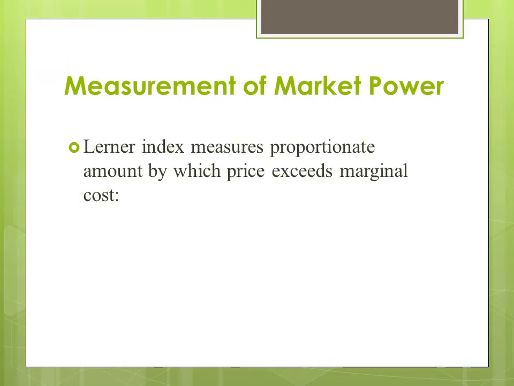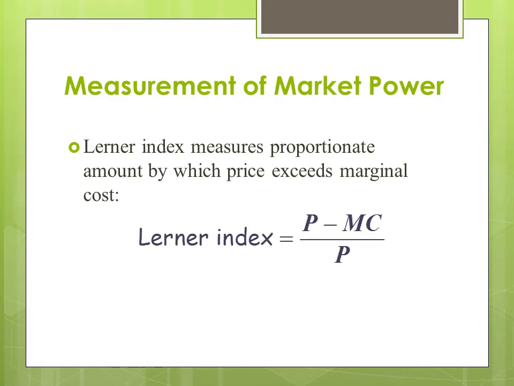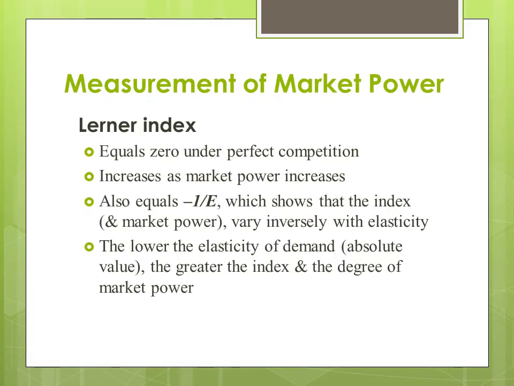The Lerner index measures the proportionate amount by which price exceeds marginal cost. So this is the formula of the Lerner index, which is equal to price minus marginal cost over price. The Lerner index will be equal to 0 under perfect competition.